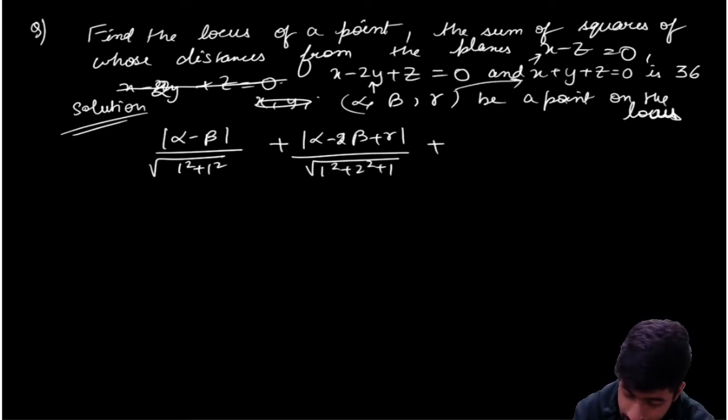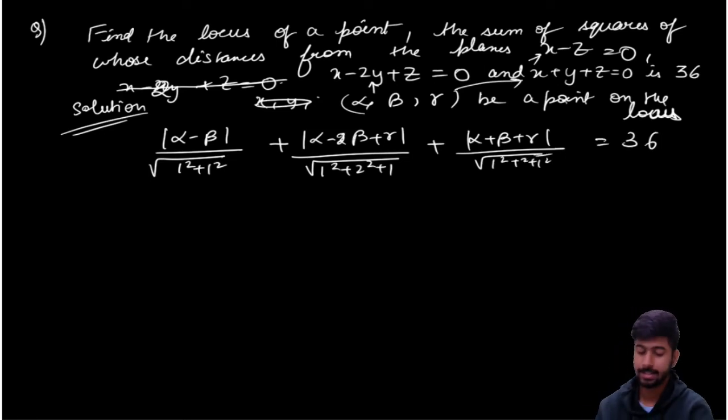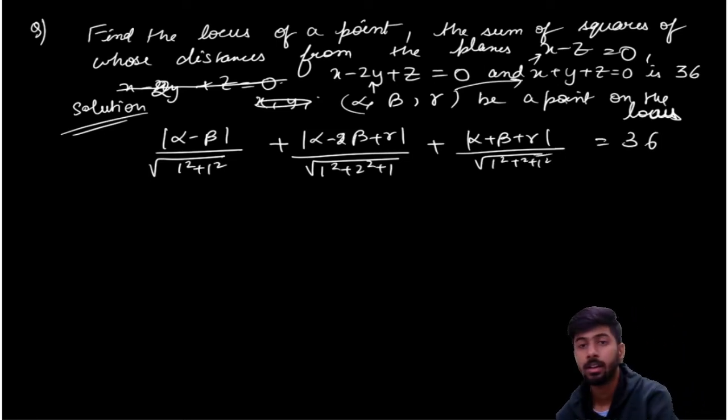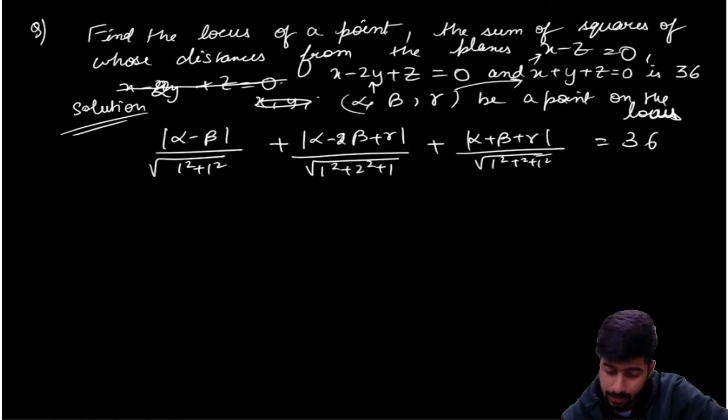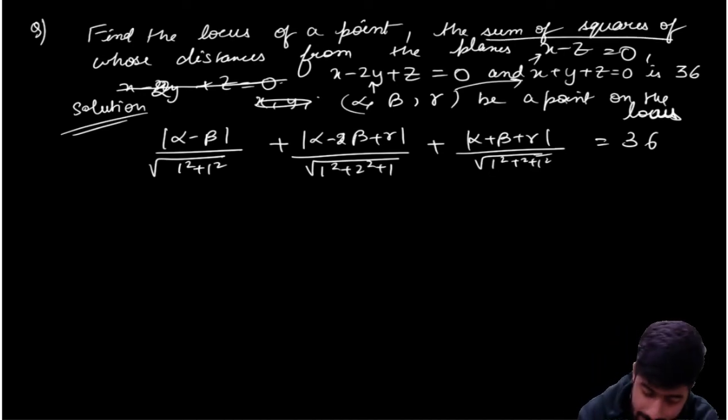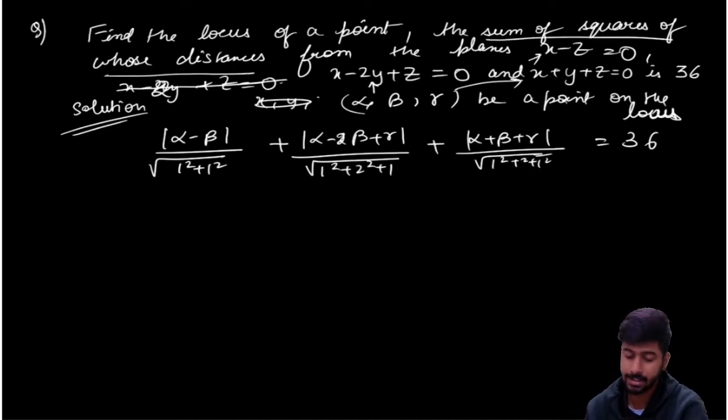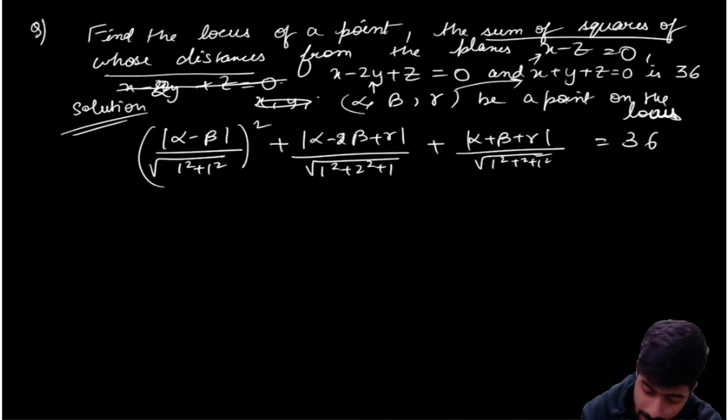And what we'll have is mod of alpha plus beta plus gamma divided by under root 1 square plus 1 square plus 1 square, and this has to be 36, right? And not just this, actually the sum of the squares of these distances from the planes is 36. So the condition is the sum of the squares of this.